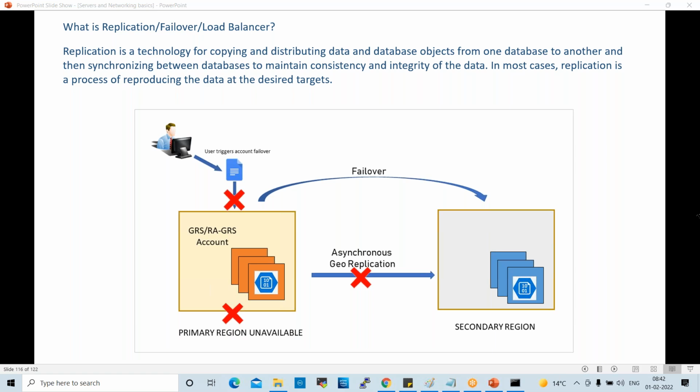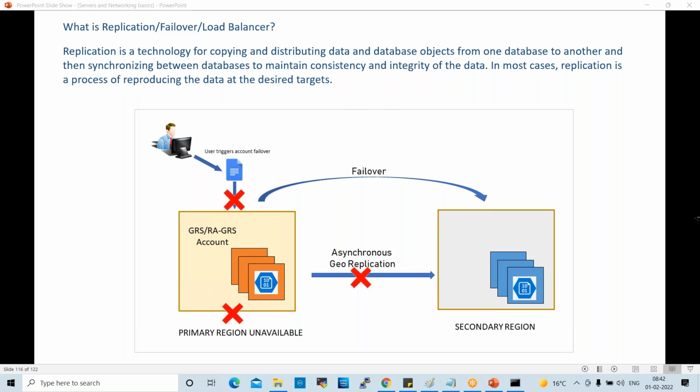Sir, are replication and backups different? Replication means that in the backend we enable synchronization. Backup is a mechanism we can configure separately.